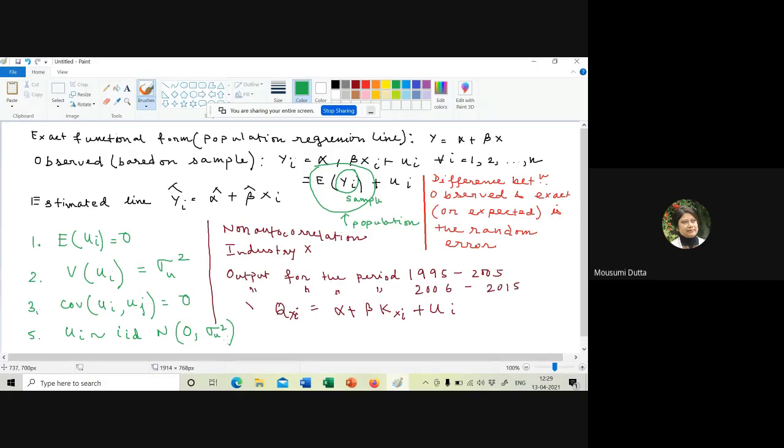This distributional aspect will be used in the context of hypothesis testing.